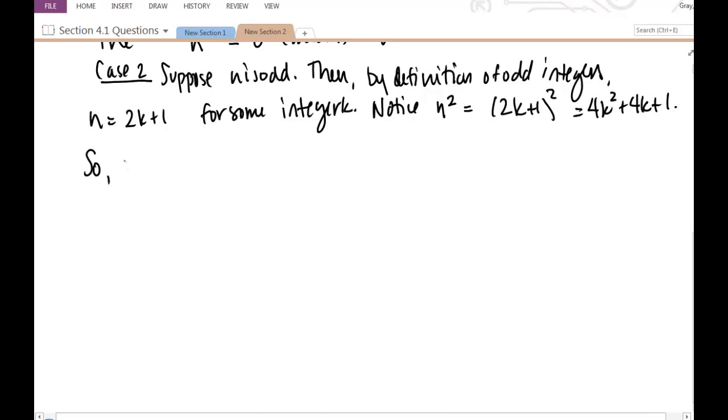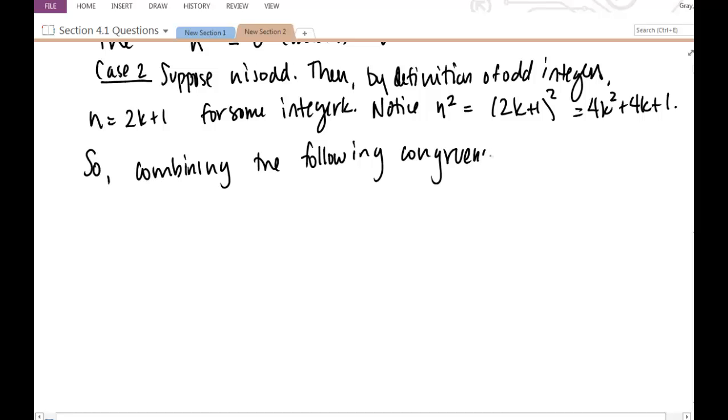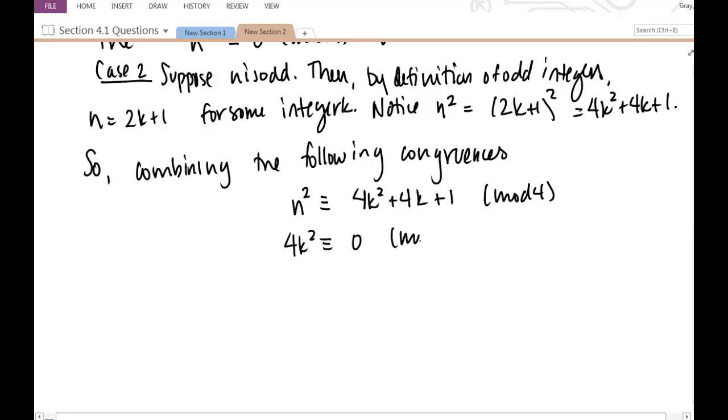So, combining the following congruences. n squared is congruent to 4k squared plus 4k plus 1 mod 4. 4k squared is congruent to 0 mod 4. 4k, just 4k, is congruent to 0 mod 4.